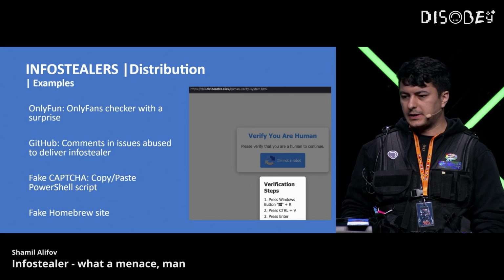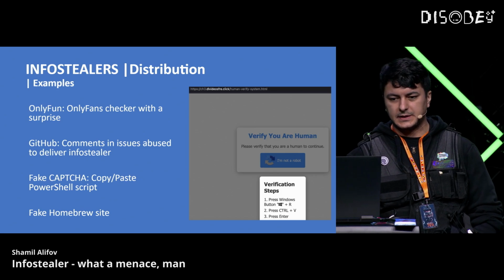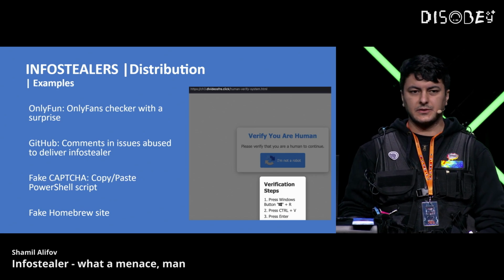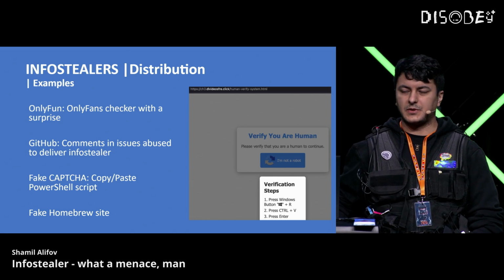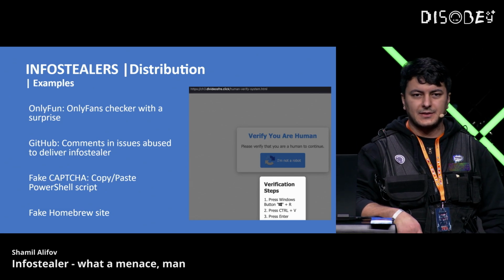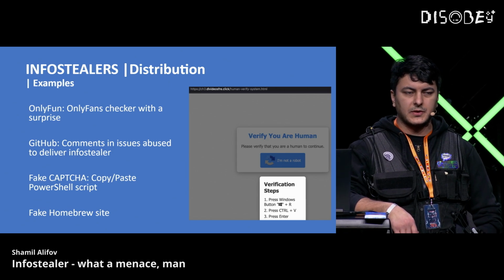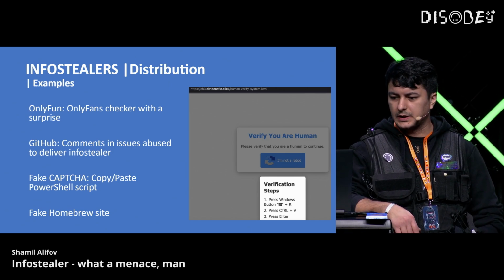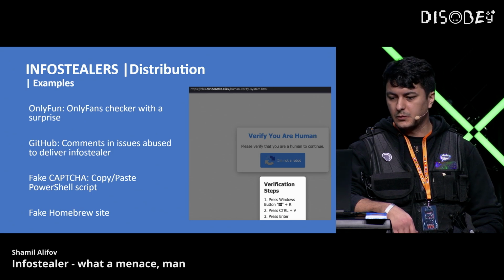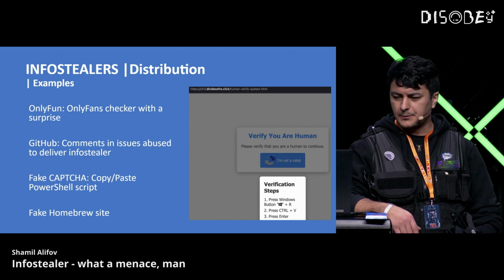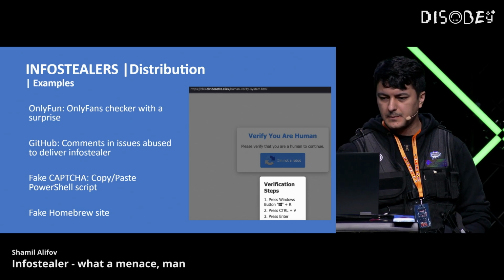Same goes with similar type of stuff as comments on the issues in GitHub, where some threat actors were just trying to be helpful to people's issues, but it also came with the Infostealers. Fake CAPTCHAs are everywhere nowadays, and the newest, what was interesting, is the fake Homebrew site, so it was targeting the macOS users.